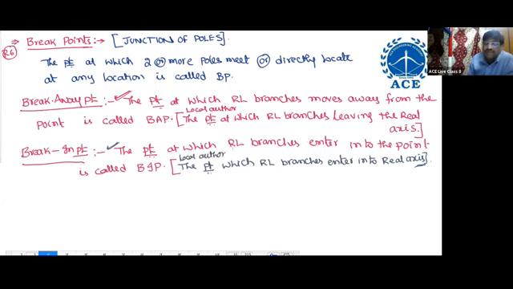Here the main problem is, what is the main problem? Sometimes they ask questions from local author books. For example, with one more statement I'll tell, after that I'll take one problem, then we'll discuss.